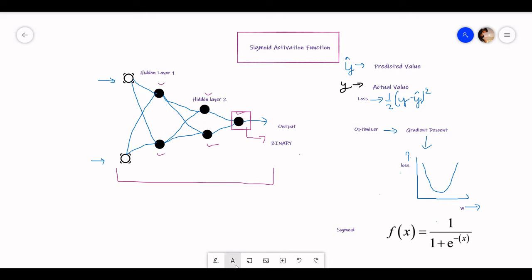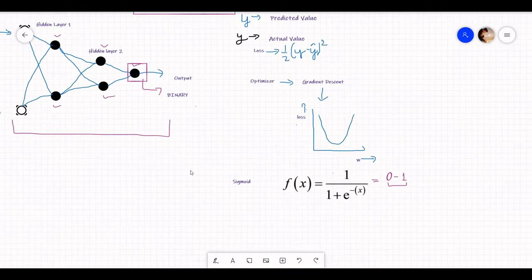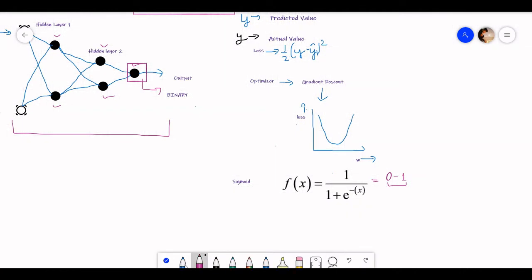After putting the value of x here, the range of the answer should be between 0 and 1. And what if I find the derivative of our sigmoid activation function?